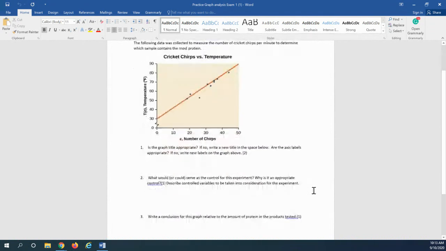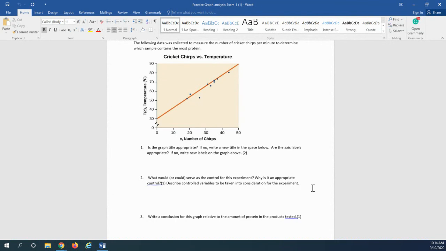And then question 2 will be about a control. For this one, we're looking really at a wide range of number of chirps. And so maybe we're trying to compare based on room temperature if there's an increase or decrease in number of chirps.